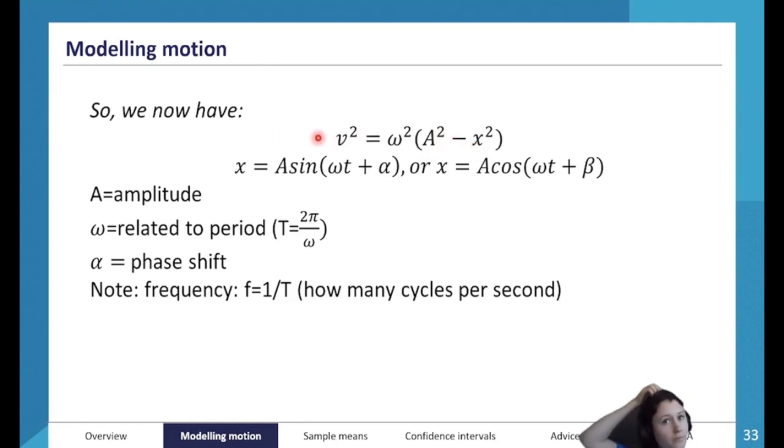So, the omega, this is a lowercase omega, is the angular velocity. It's kind of like how many degrees the object covers in a certain period of time, almost, right?